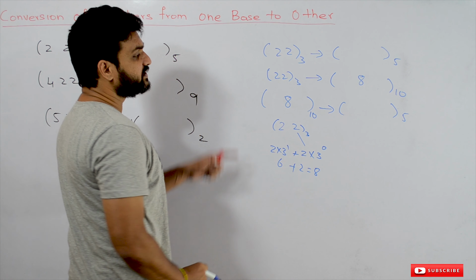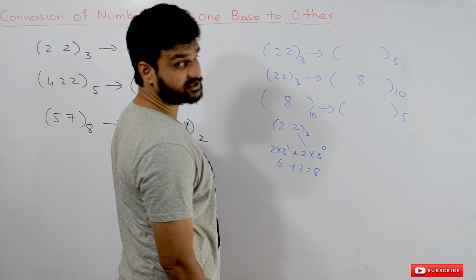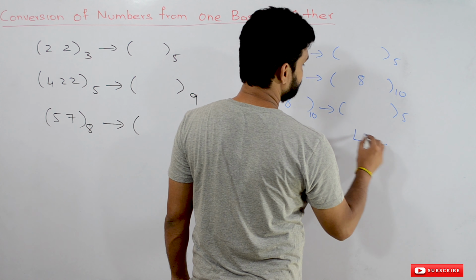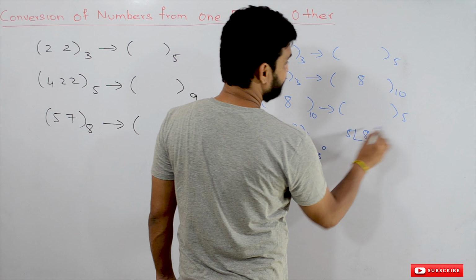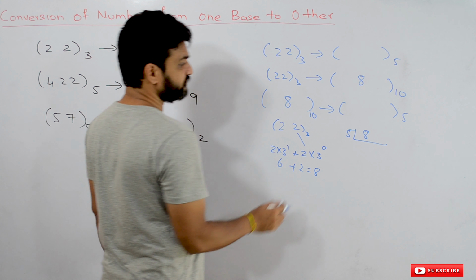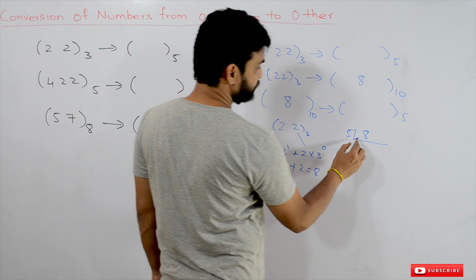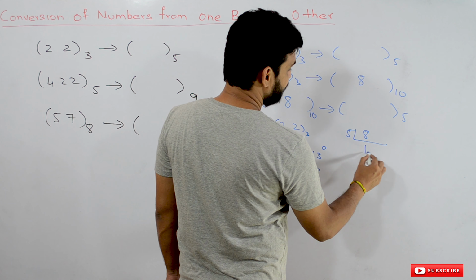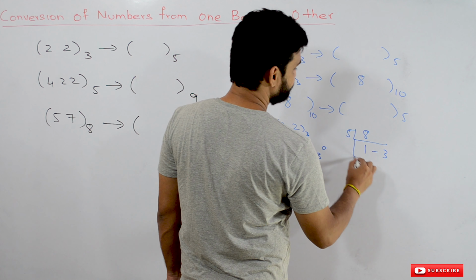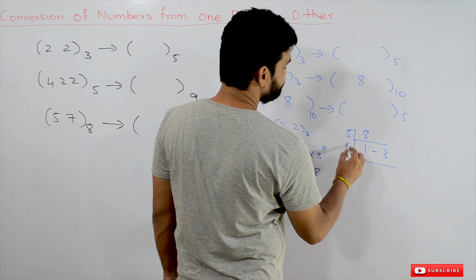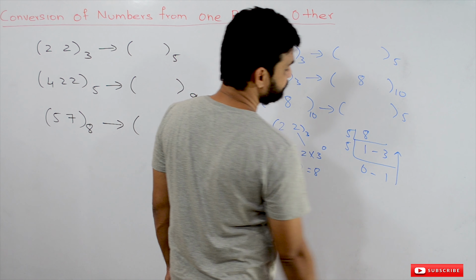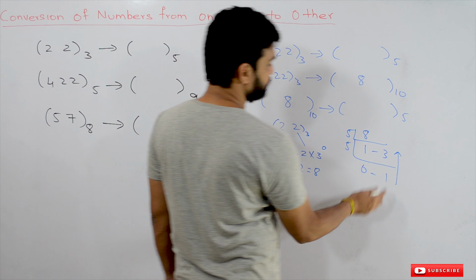How to convert a decimal number to other bases? We divide this decimal number by the base to which we would like to convert, until the quotient is 0. Dividing 8 by 5, the quotient is 1 and the remainder is 3; then 5 into 1 gives quotient 0 and remainder 1. We take the remainders from bottom to top.